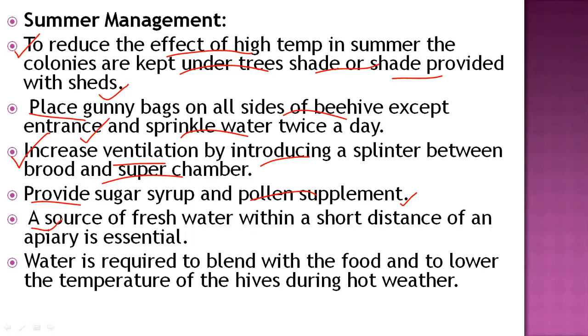A source of fresh water within a short distance of the apiary, I already discussed previously. If we have the facility, prepare a provision for a water source to use for sprinkling water on the honeybee comb. Water is required to blend with the food and to lower the temperature of the hive during hot weather. That's why this type of provision is needed during summer management.